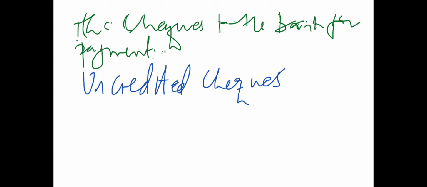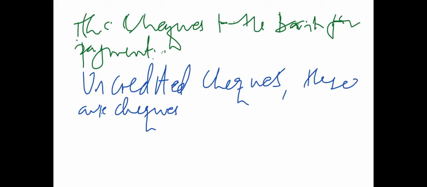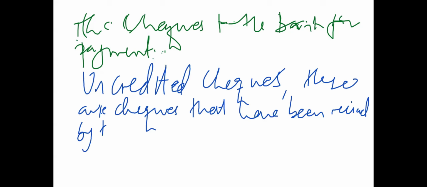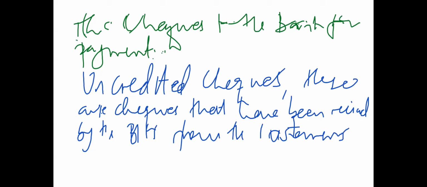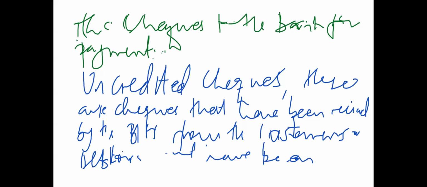Now, for uncredited checks, these are checks that have been received by the business from the customers or the debtors, the people who supplied goods on credit, and have been paid into the bank.